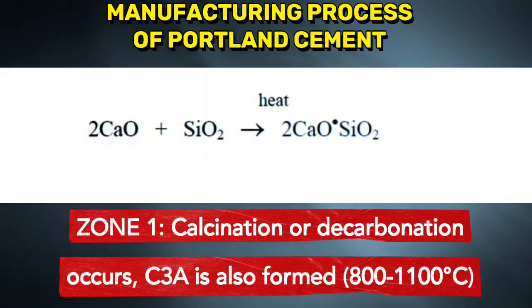And in zone 1, there is the formation of C3A, above 900 degrees Celsius. So basically what happens in zone 1 is decarbonation, whereby calcium carbonate is heated and disintegrates into lime, quicklime, and calcium oxide is released.